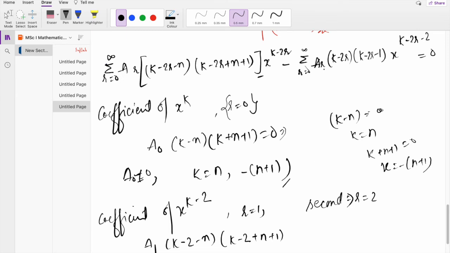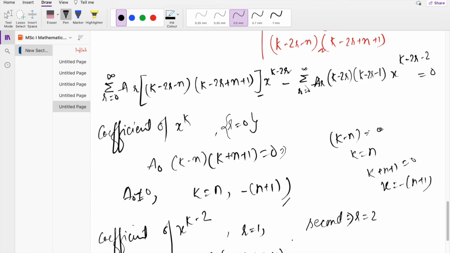And if here I put r equals 2, this will give me 4 minus 2, 6.